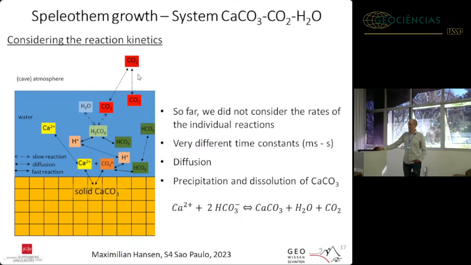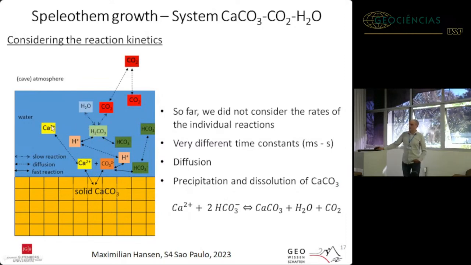Some reactions, like the diffusion of some ions from the gas into the water and inside the water itself, are fast, and some reactions are very slow. For example, the conversion of dissolved CO2 into carbonic acid is a slow reaction, while the dissociation of the carbonic acid into hydrogen and bicarbonate is almost instantaneous. This is a very fast reaction.